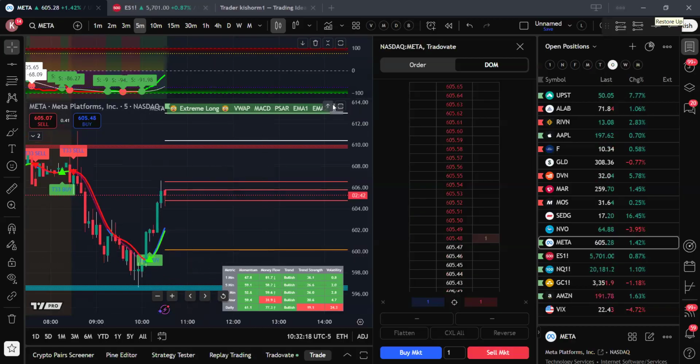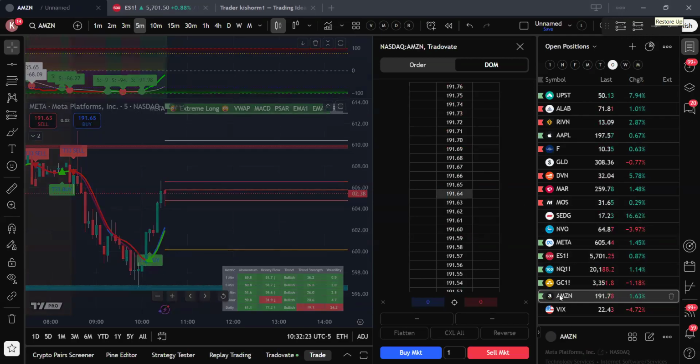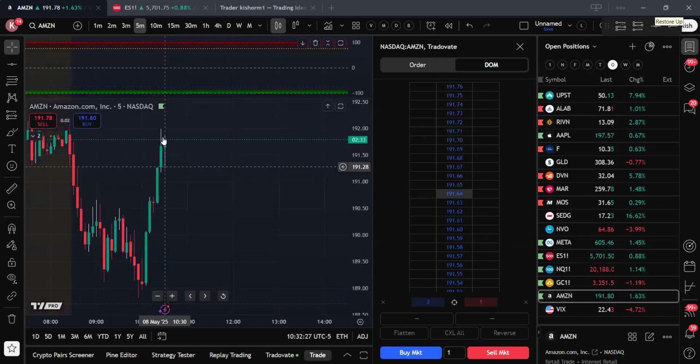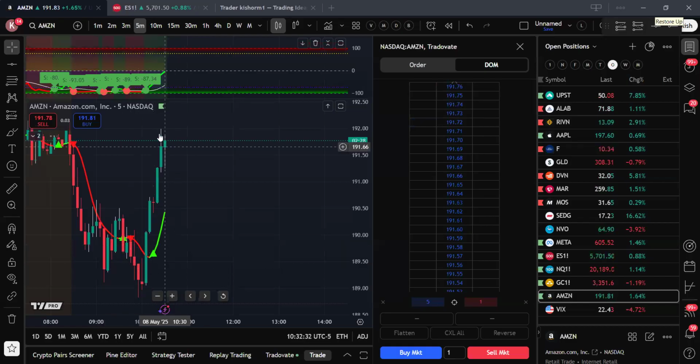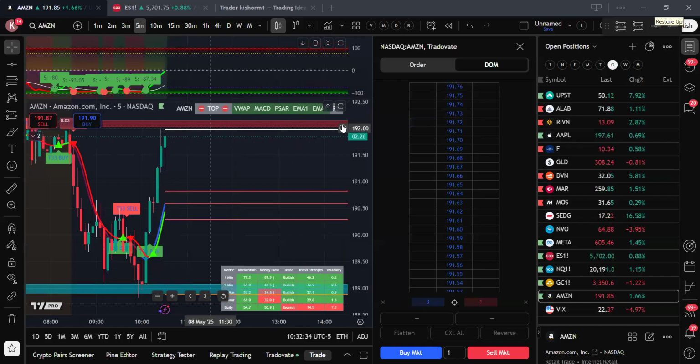Got a buy signal, everything is green. It came to the bottom. Same thing for Amazon. Here it came to the bottom. You got a buy signal. Everything is green.